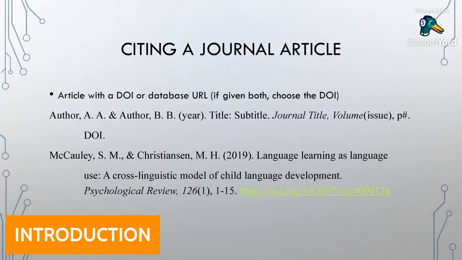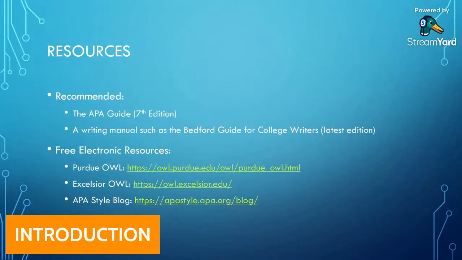Similarly, here is the example: in 2019, Language learning as language use is the title, and a cross-linguistic model of child language development is the subtitle. The name of the journal is Psychological Review.